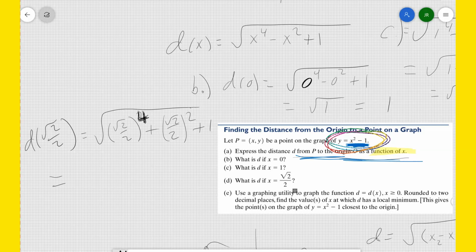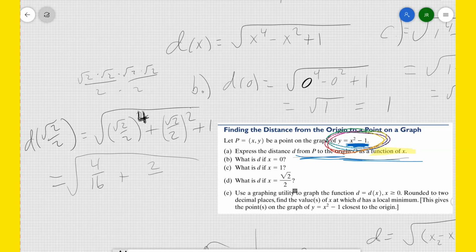And so if I raise that to the 4th power, it's going to be the square root of 2 times the square root of 2 times the square root of 2 times the square root of 2. That's 2 and that's 2, so that's going to be 4. And 2 to the 4th is 16.